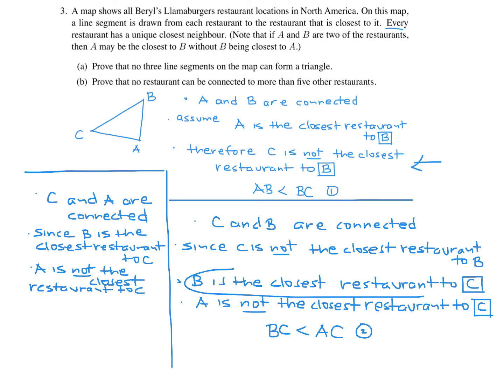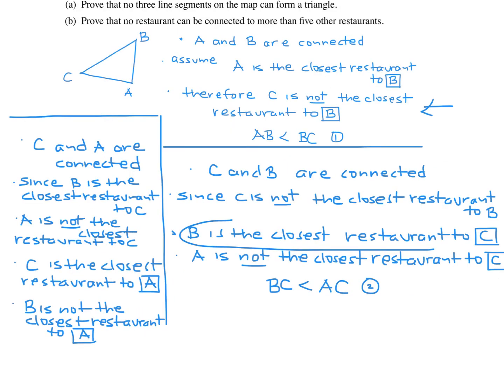If A is not the closest restaurant to C, that must mean that C is the closest restaurant to A. And if that is the case, then that means that B is not the closest restaurant to A. So now we can create another inequality: AC is less than AB. And that will be my equation 3.